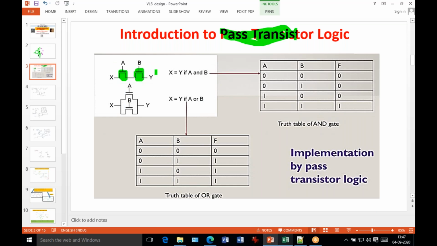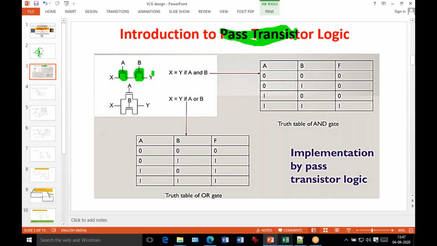I will discuss the operation of this circuit after some time, but here you just carefully understand that only one type of transistor is used for pass transistor logic circuit design.